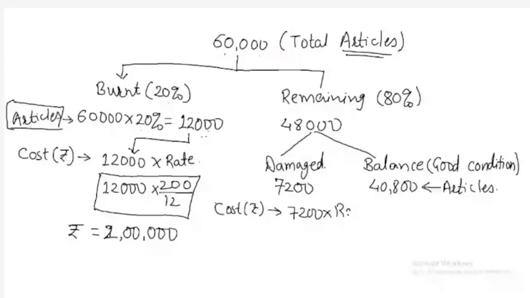So that is 7,200 multiplied by what's the rate? 200 upon 12. 12 ones are 12. 12 6 are 72. करो कैलकुलेशन. फाइनल आंसर बता दो मेरे को.